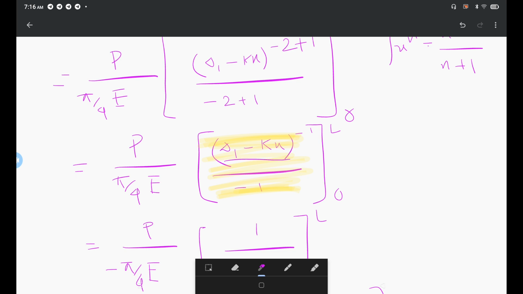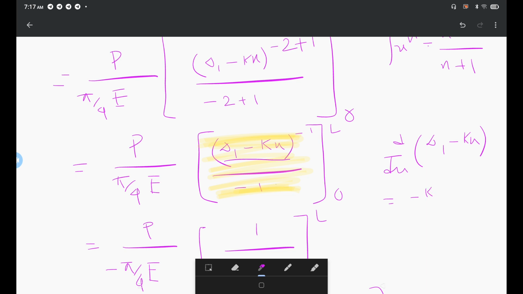The derivative of d1 is 0 since d1 is a constant, and minus k comes out, because the derivative of x is 1.